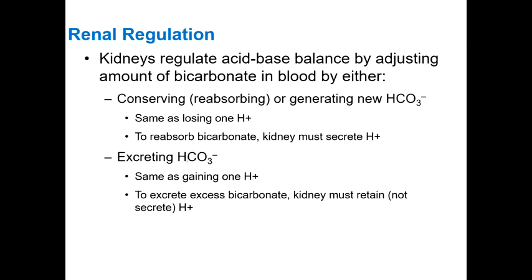And just the opposite, excreting bicarbonate ion is the same as gaining a hydrogen ion because they have to be swapped. So getting rid of the bicarbonate ion and gaining hydrogen ions makes our fluid more acidic, because the more of these there are, of course, the more acidic the solution is. So to excrete excess bicarbonate, the kidney must retain, right, not excrete, the hydrogen ion.